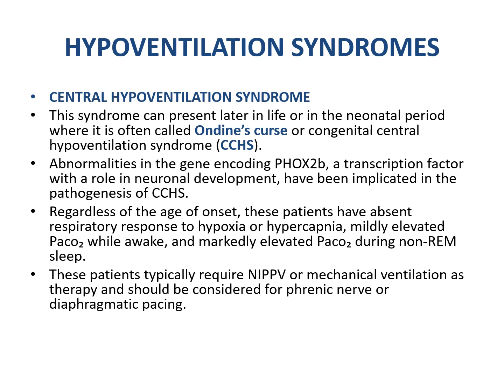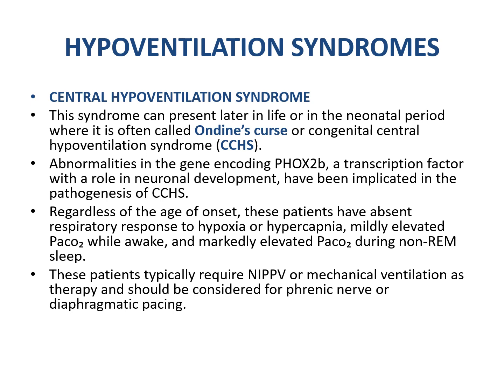Central hypoventilation syndrome can present later in life or in the neonatal period, where it's often called Ondine's curse or congenital central hypoventilation syndrome. Abnormalities in the gene encoding PHOX2B, a transcription factor with a role in neuronal development, have been implicated in the pathogenesis of CCHS.